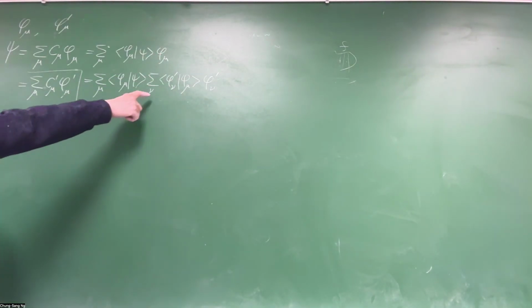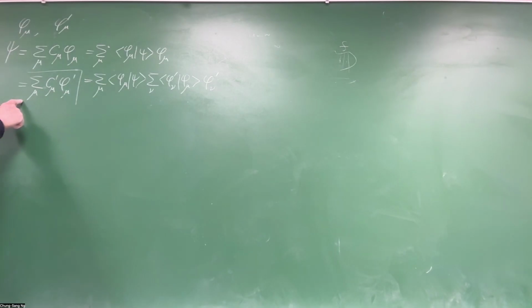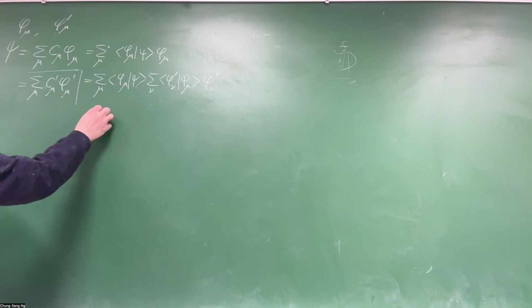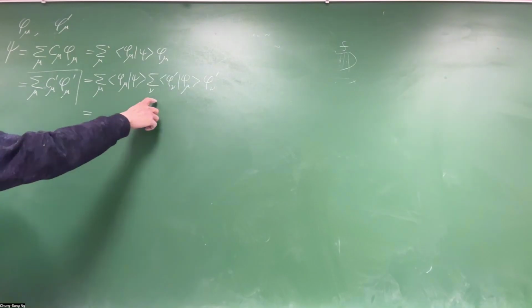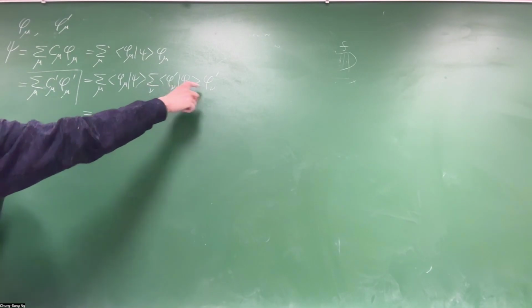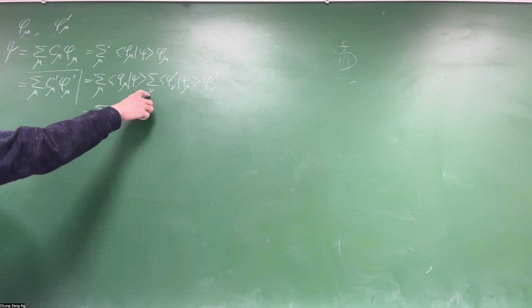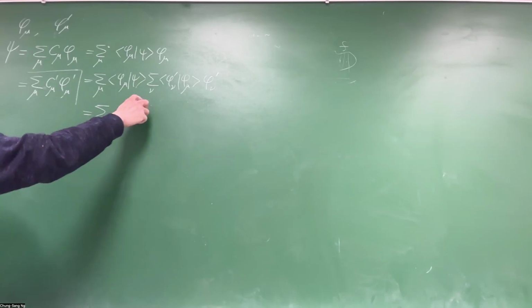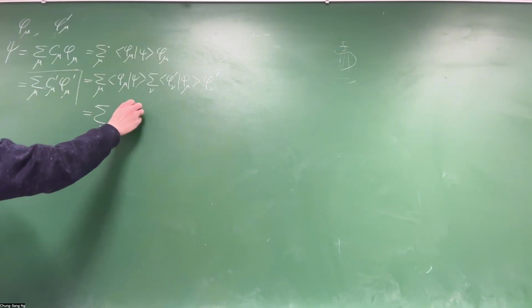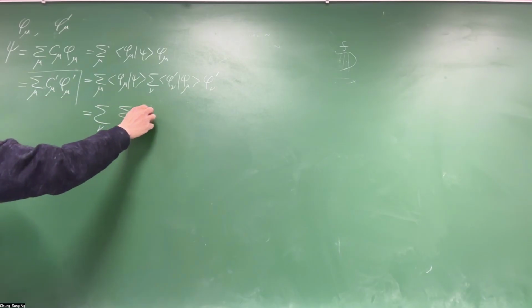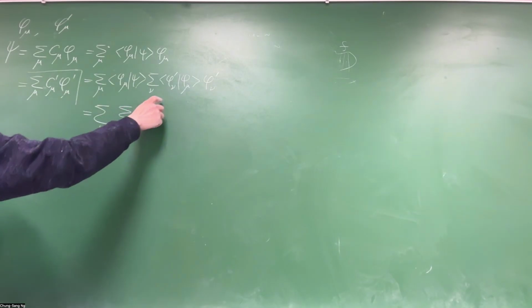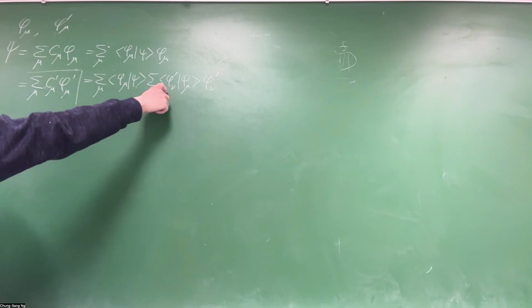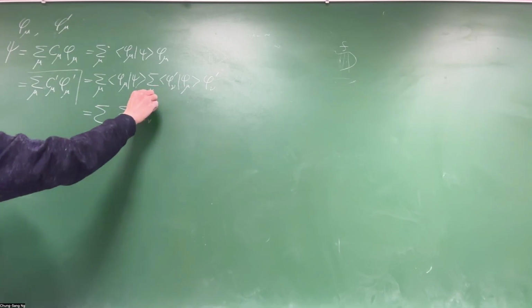Okay. Now you try to put it into this form. Because you finally sum over this and that, you take this sum out, sum over mu, and the rest is the sum over nu. You can put this number first.